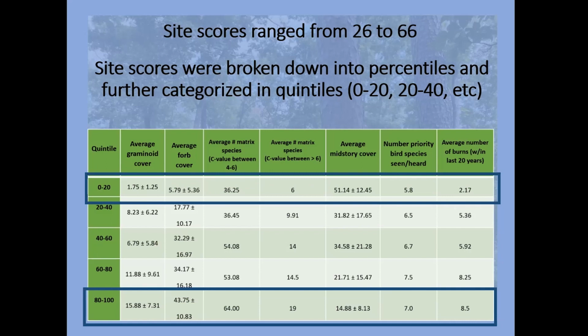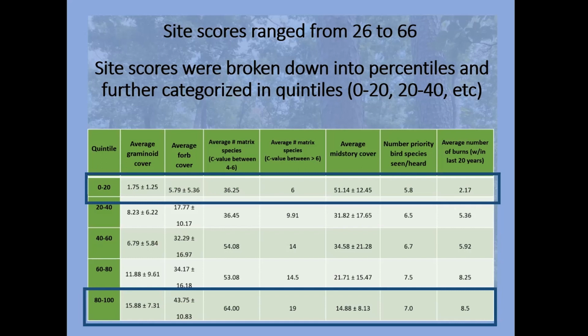So as you can see here, in the 0 to 20th percentiles, we had an average of 51% mid-story cover within a unit. And in the 80th to 100th percentile, we had about 14%, so less than 20% cover. And then the matrix species and conservative species.